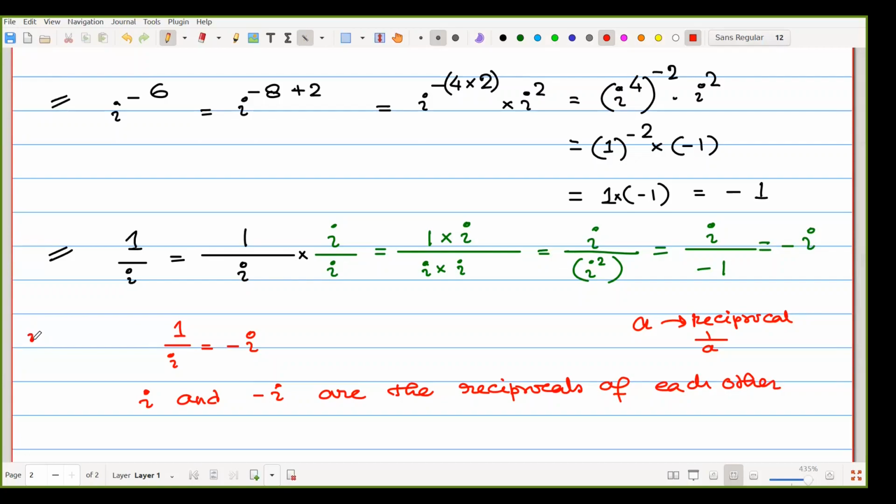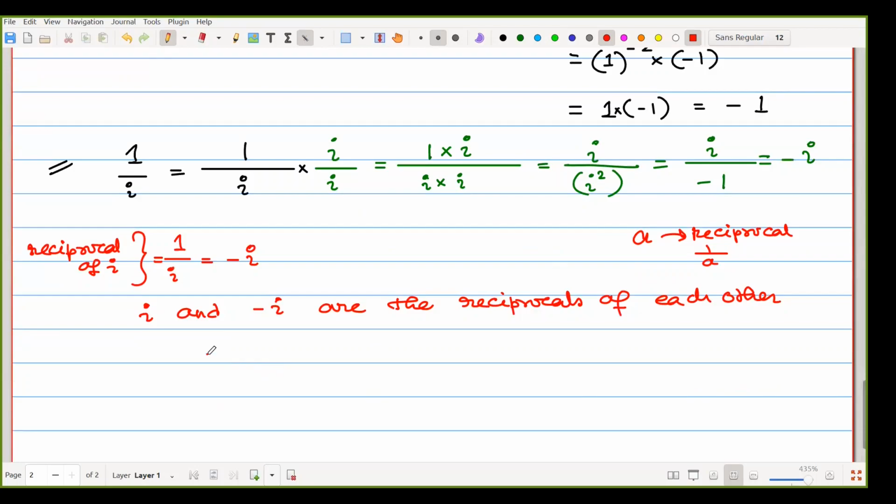So we are writing here the reciprocal of i, that is 1 by i, and that becomes minus i. Same as here, we can also write 1 by minus i, that can be written as i. That's why that term is important. i and minus i are the reciprocals of each other.